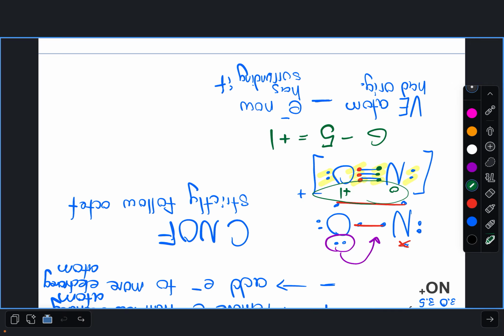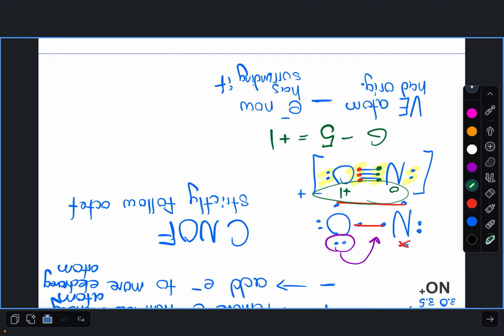If you can keep it at that, then you know the formal charge is 0, and that's the preference. So like a halogen, like chlorine, you're going to want it to have 1 bond and 3 lone pairs. And if it doesn't, you want to see if you can have a structure that changes it so that it does.